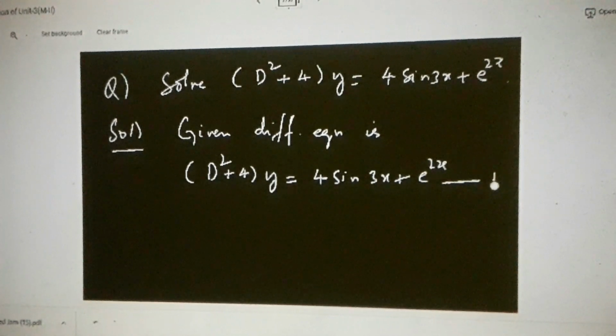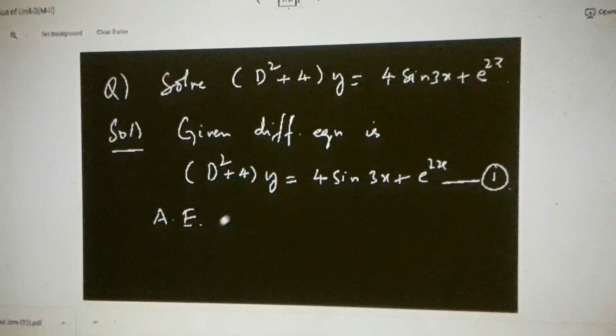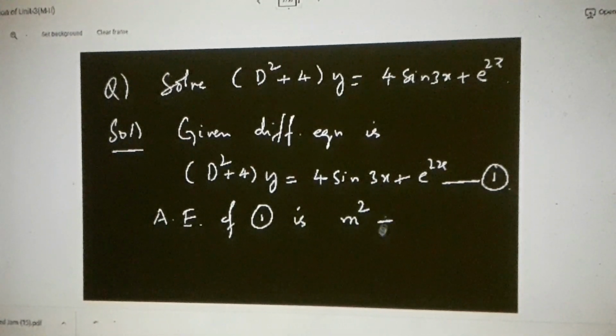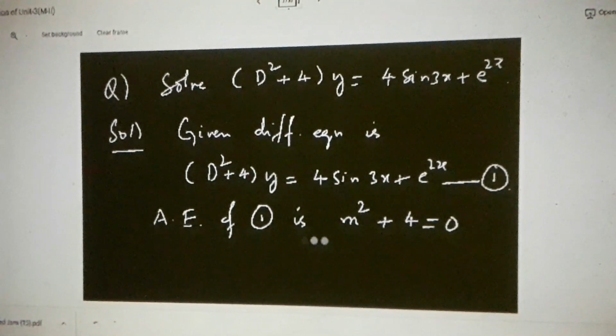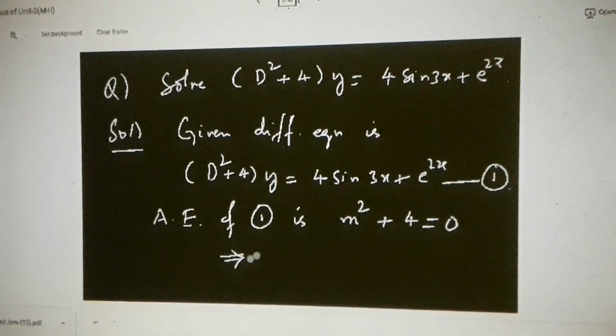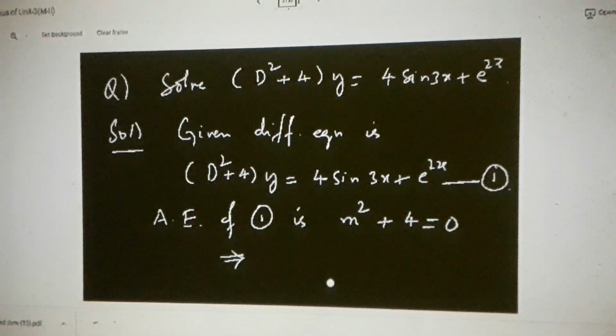This is number 1. So the auxiliary equation of number 1 is m squared plus 4 is equal to 0. Basically, when you substitute D as that m, you will get some equation. It may be third degree, fourth degree, fifth degree, or second degree, depending upon the degree of f of D.